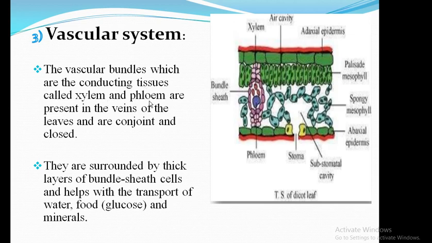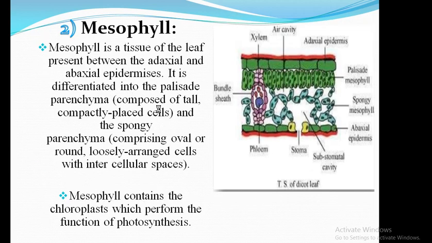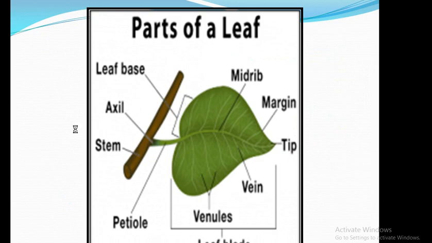Conducting tissue means they transport food and water within the body: water from the outside to all parts of the plant body, and food from the leaf to all necessary parts of the plant. These xylem and phloem structures, or vascular bundles, are present in the veins of the leaves and are conjoined and closed. These are primarily present in these vein regions.